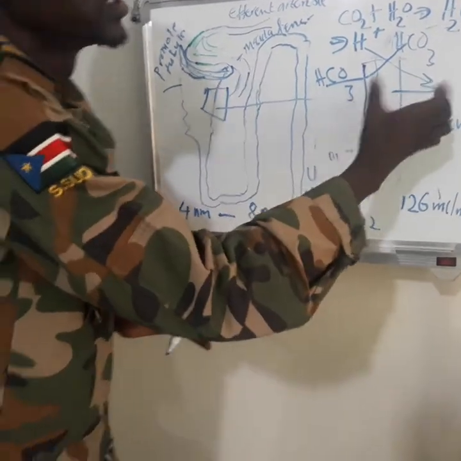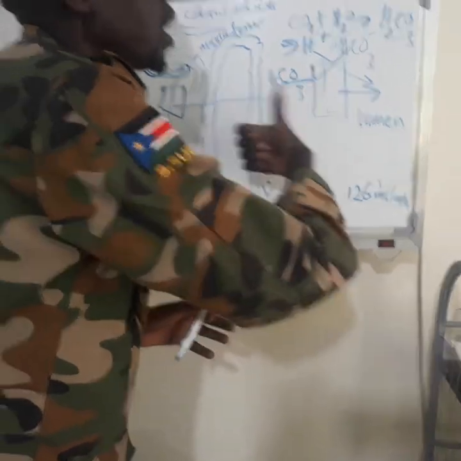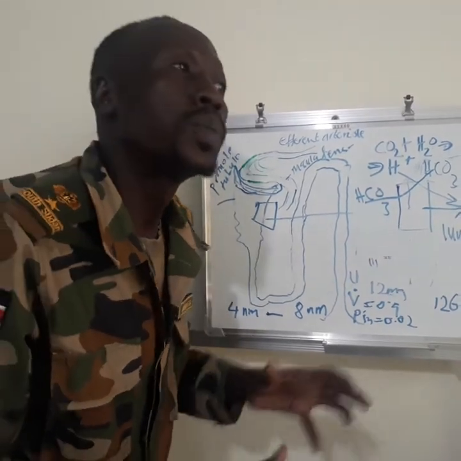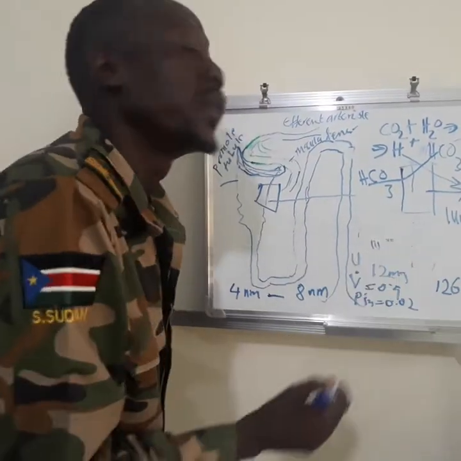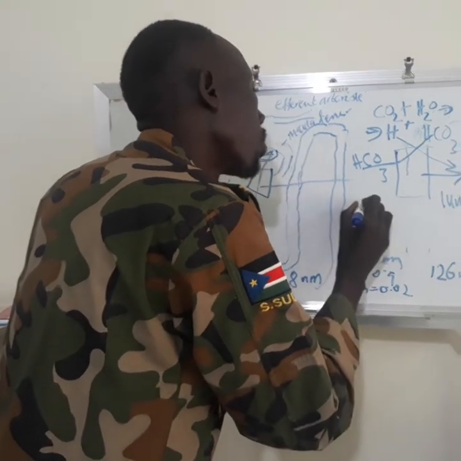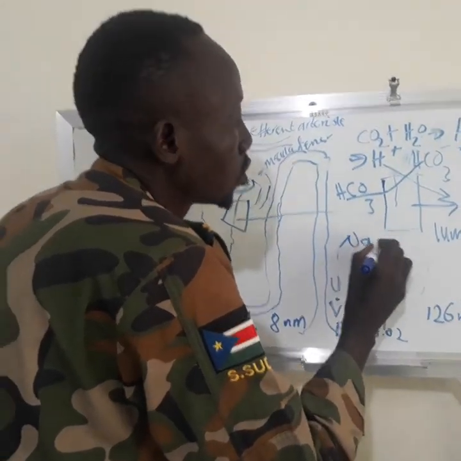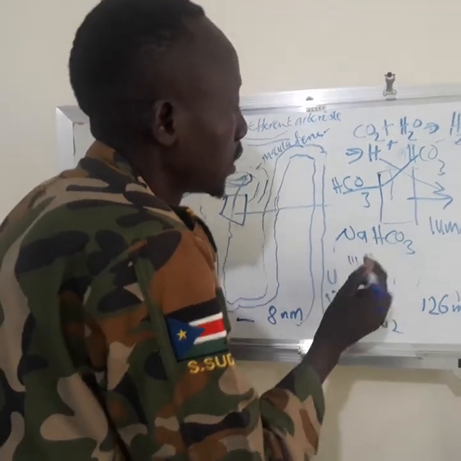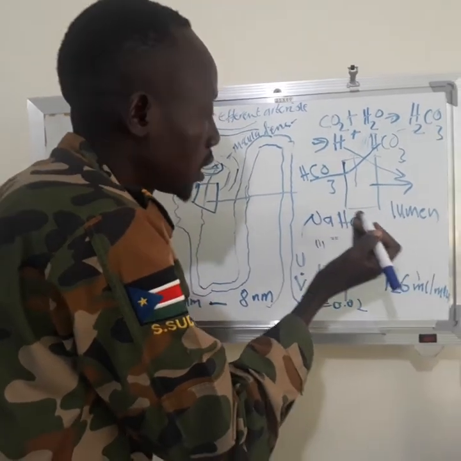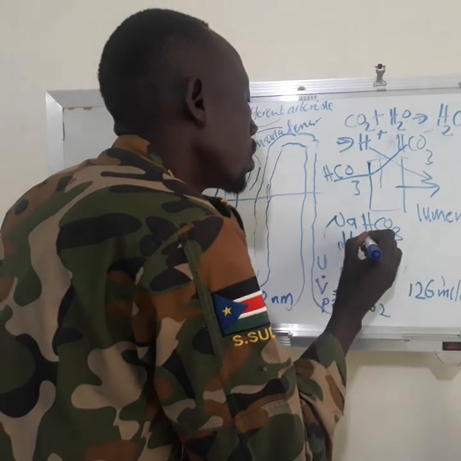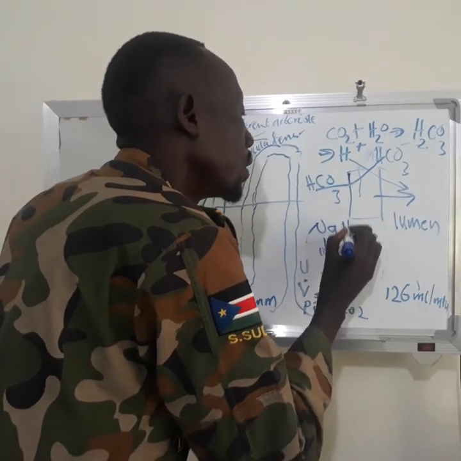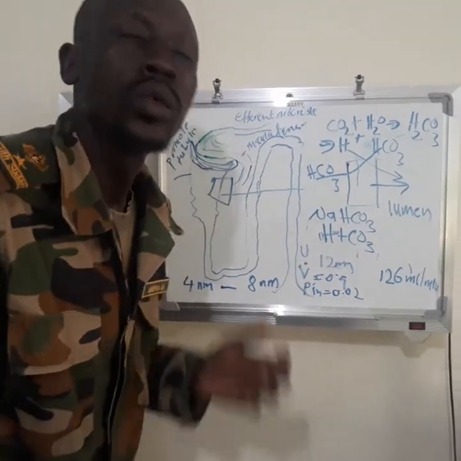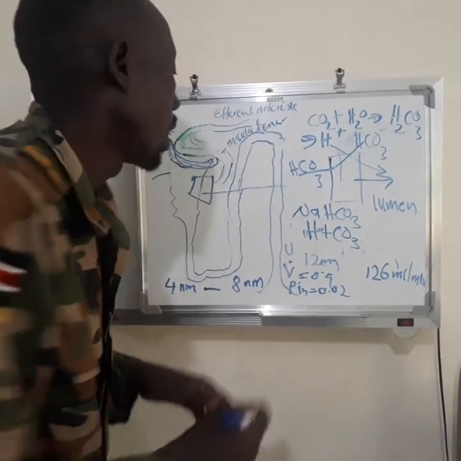Now you have your load of hydrogen ions being secreted in the tubule. These hydrogen ions have to be buffered, so they combine with sodium bicarbonate. This one dissociates, taking sodium out, and the hydrogen ion complexes with the other.